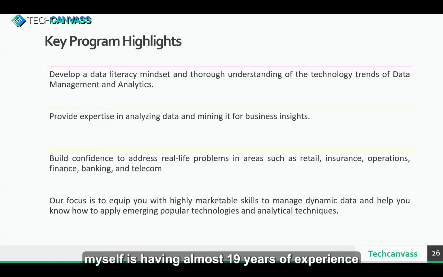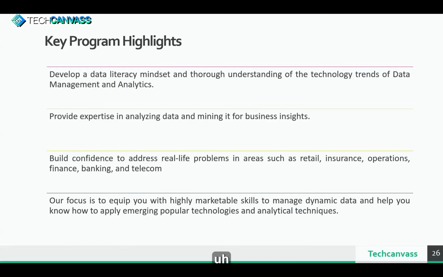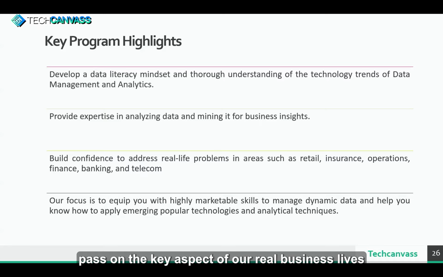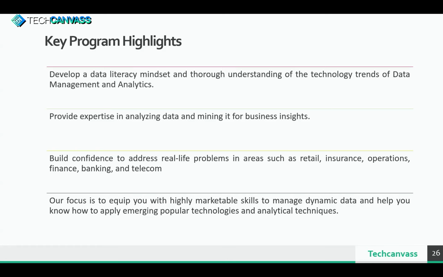I myself have almost 19 years of experience, and we have built this content considering real problems, so that while giving you this knowledge through this course, we can also pass on the key aspects of our real business lives, the practical things. That's the main thing. And this curriculum is in sync with the PL-300 certification exam, which can help you gain the certification from Microsoft.